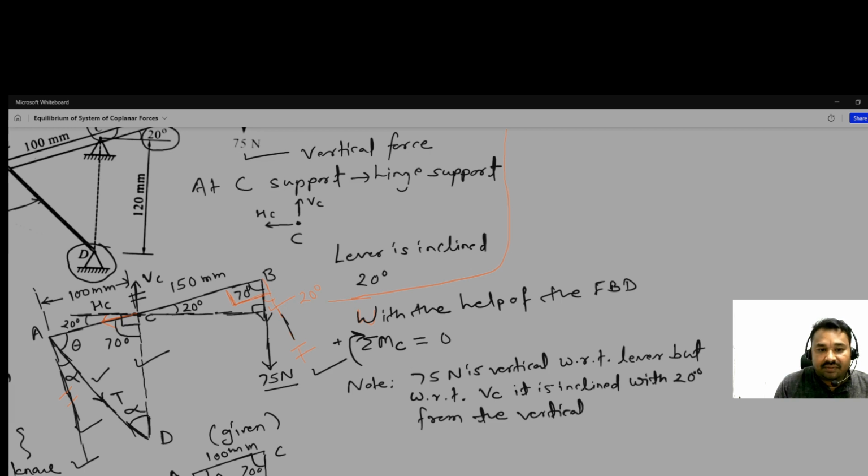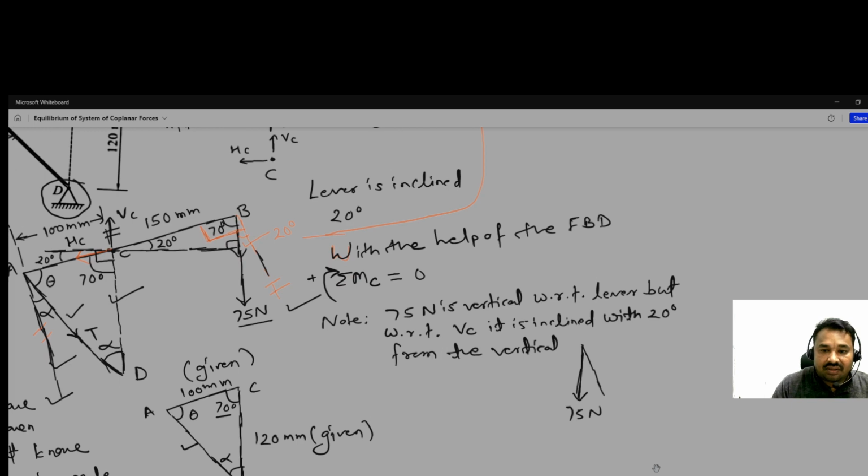Okay, means for that, this is 75 Newton. Okay, so this angle here is 20 degree, and this line is parallel to VC.